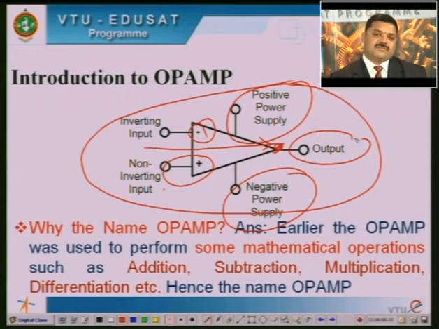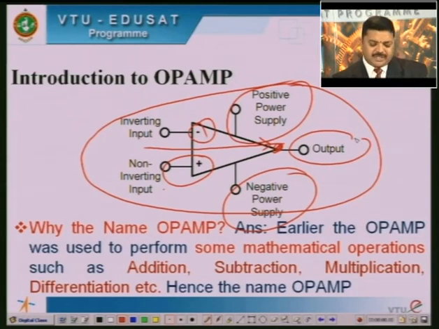The driving force is given by the positive supply as well as the negative supply. What is the symbol of an op amp? The symbol of an op amp is a triangle that points in the signal flow direction. Here the 5 important terminologies are the positive terminal, negative terminal, positive supply, negative supply, and finally the output.